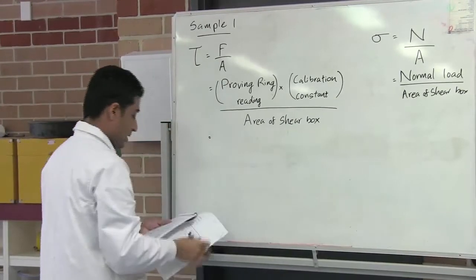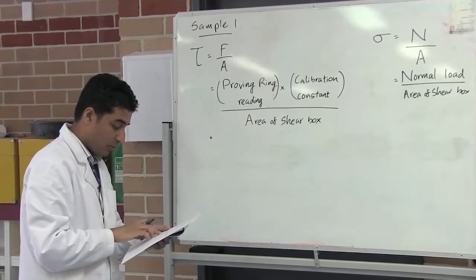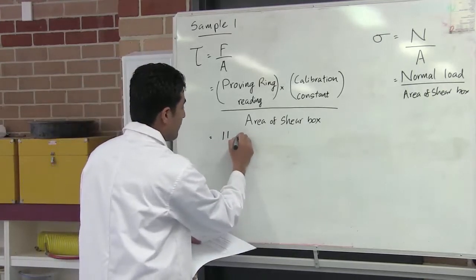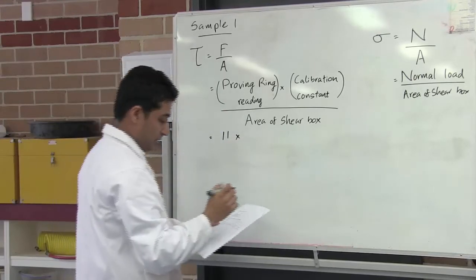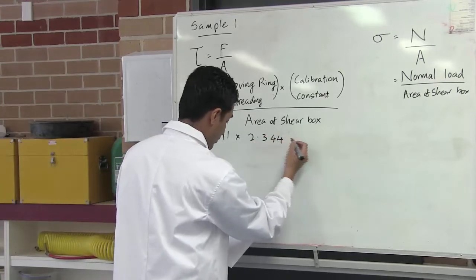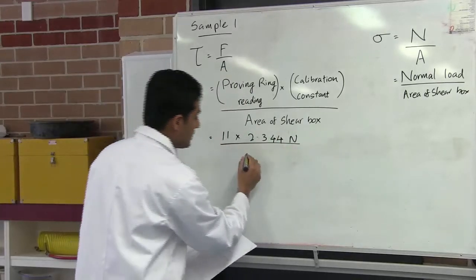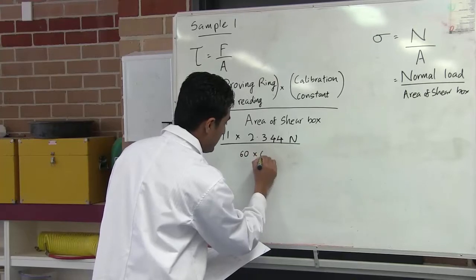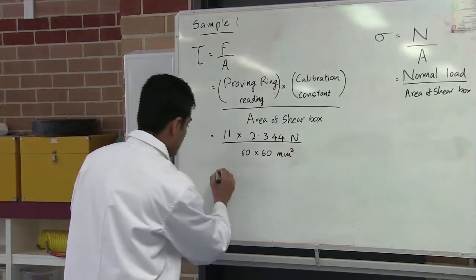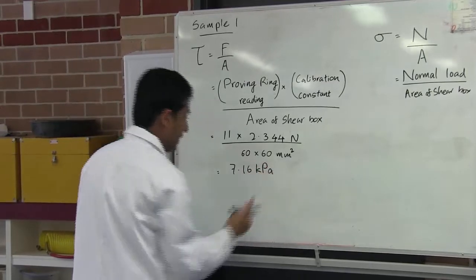So this would be, assuming that we are going to take down the reading for horizontal displacement of 1.00 millimeters, the proving ring reading we've got is 11, and this is multiplied by the calibration constant, that's 2.344 newtons, and this is divided by the area of the shear box, that's 60 by 60 millimeters squared, and the value is roughly 7.16 kPa.